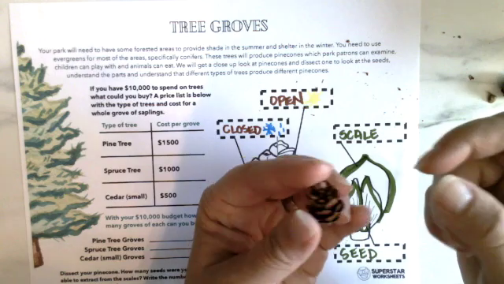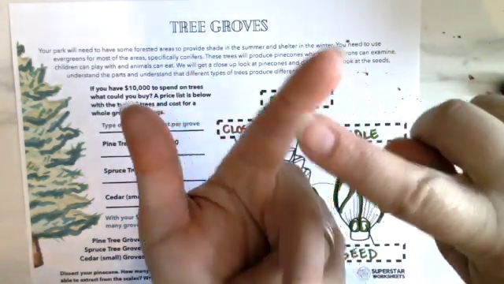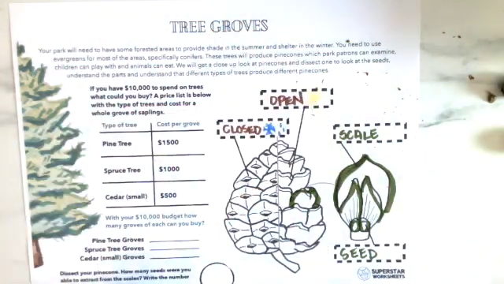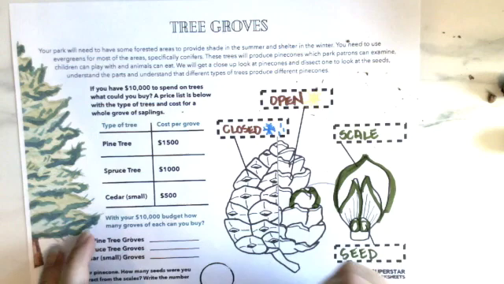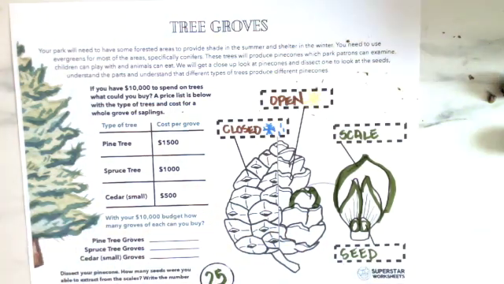So what's 5 times 5? Well, let's skip count: 5, 10, 15, 20, 25. So I'm going to estimate that my pine cone has 25 seeds if I have 1 per scale. Perfect, nice math.